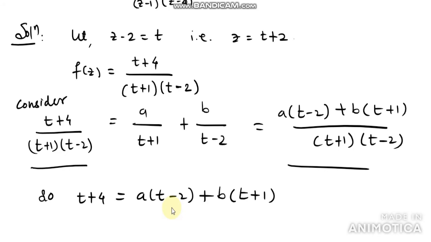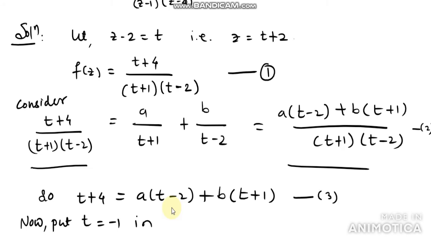Okay, now to get the value of a we may put t is equal to minus 1. Let me call this one as equation 1, this is 2, and this is 3.